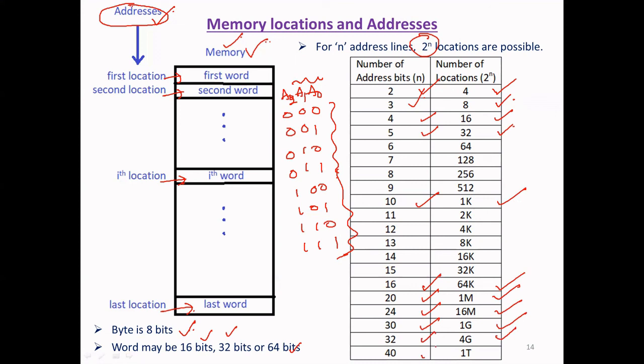Lastly 40 address lines, the CPU is able to access 1 terabyte of memory locations. 2 power n, that's enough, right? So the capacity of the memory depends upon the address lines for a particular CPU. These are all the concepts about machine instructions and addressing modes.